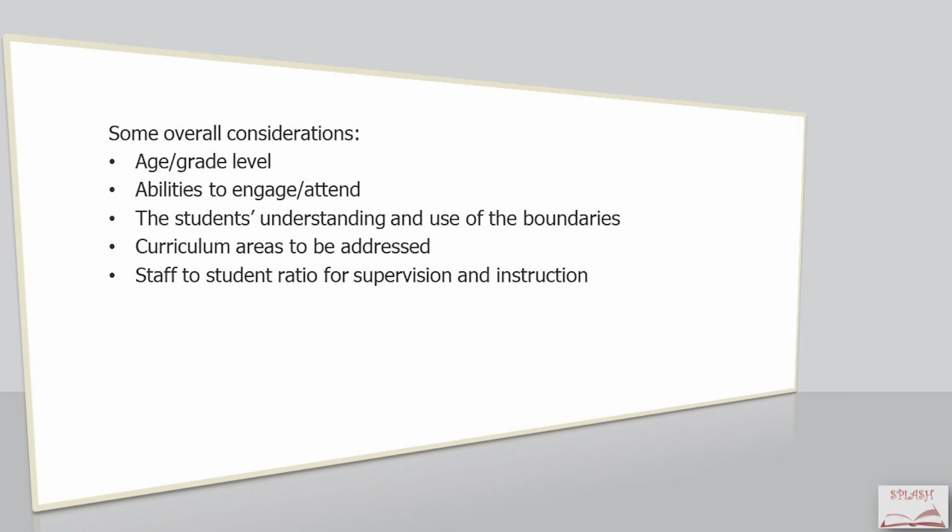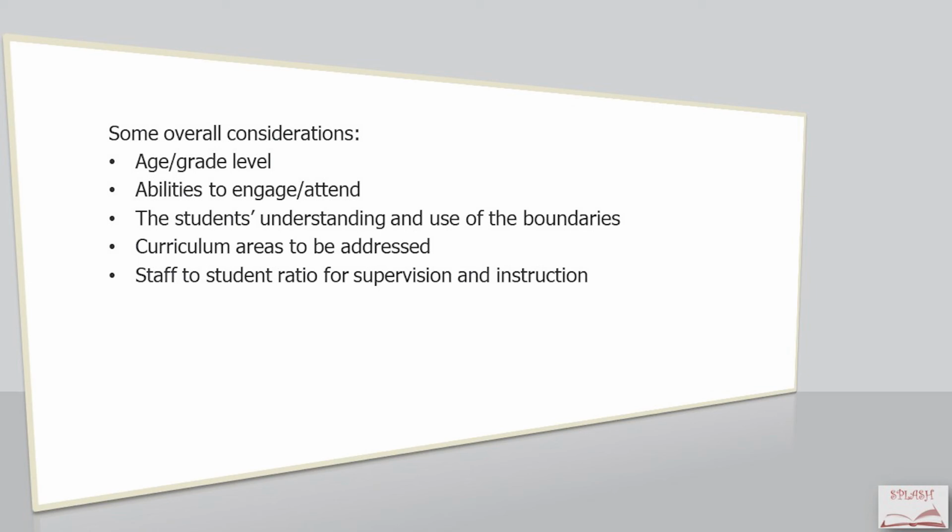When designing the physical setup of the classroom and developing specific areas for instruction, take into consideration the following: the age and grade level of the students, their ability to engage and attend to certain activities throughout the course of the day, as well as their understanding and use of the boundaries.